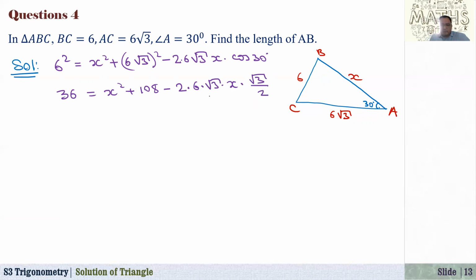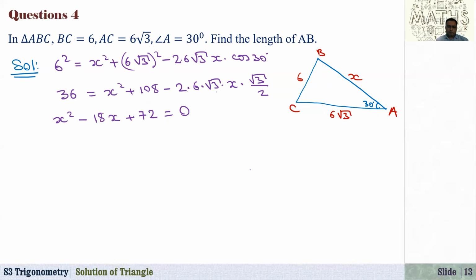So now these two cancel each other, and write this in standard form. It's just a quadratic equation. The 2s cancel each other, square root of 3 times square root of 3 is 3, and 3 times 6 is 18. So here we have minus 18x, and plus 108 minus 36, that's equal to 72. That's equal to 0.